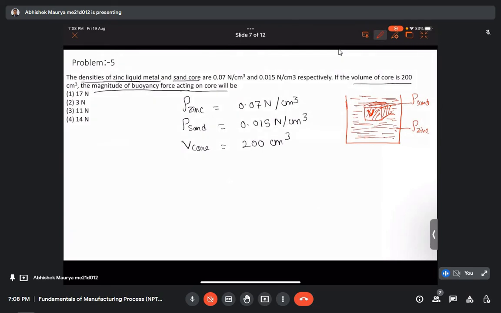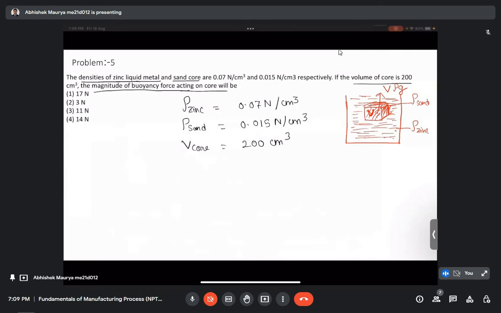Since all fluids have a tendency to apply a force equal to the weight of the removed material, and the direction of that force is upwards, that force will be equal to the weight of the removed liquid, that is equal to the volume times rho times g.